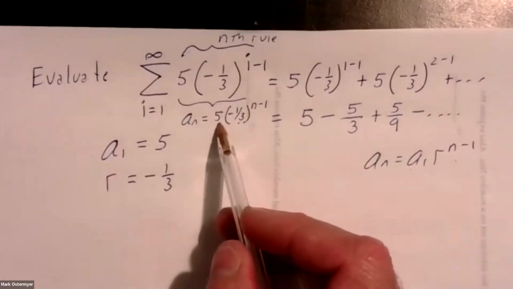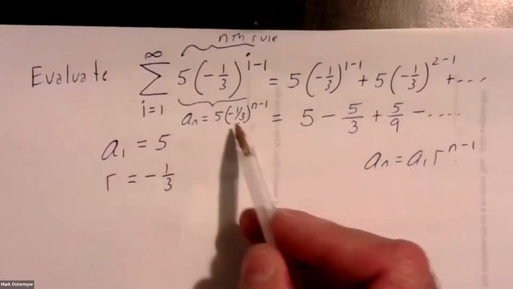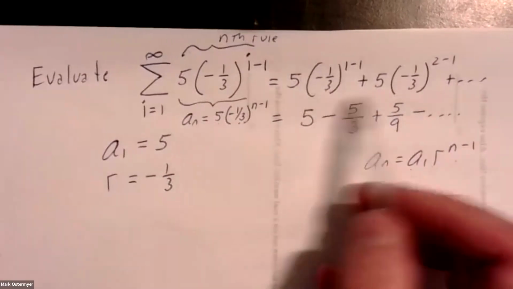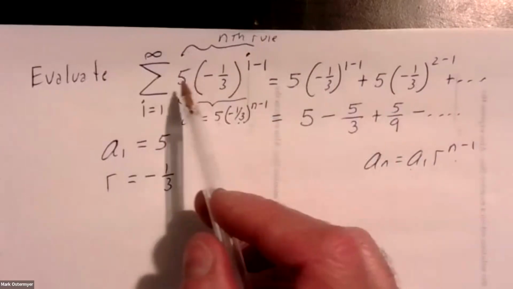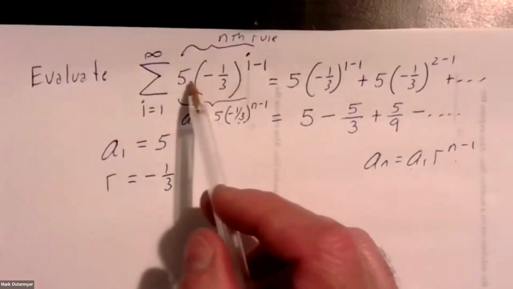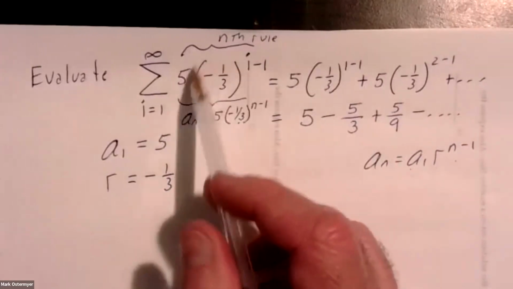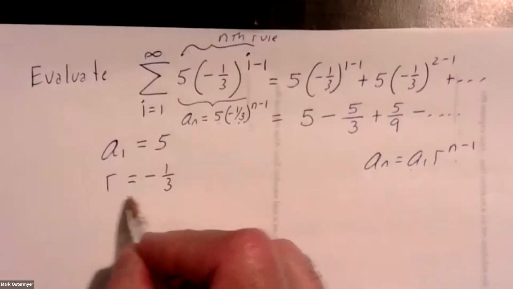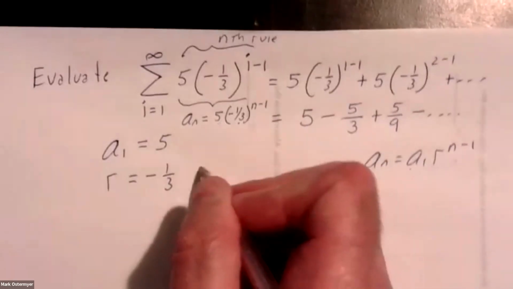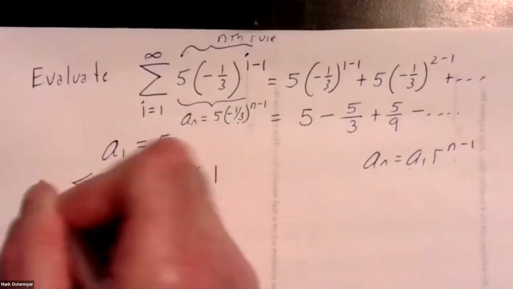Your first term is 5. Your common ratio is negative 1/3. So you don't even have to list the first couple of terms to determine what your first term and R is. You can basically just pick it right out of the summation nth term rule right here. All right, now, does negative 1/3 lie between 1 and negative 1? And the answer is yes, it does.